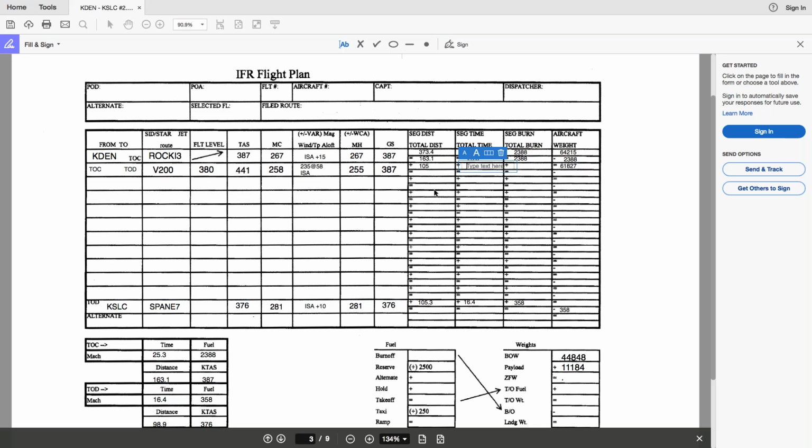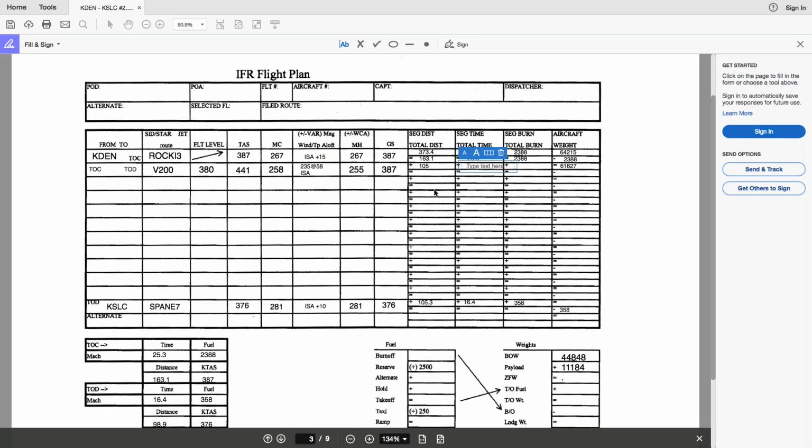It's the distance, 105, divided by 385, I think, times 60. Our distance divided by our ground speed.